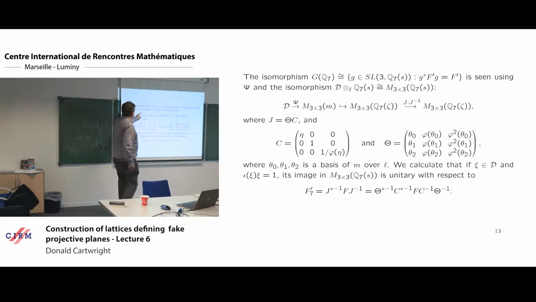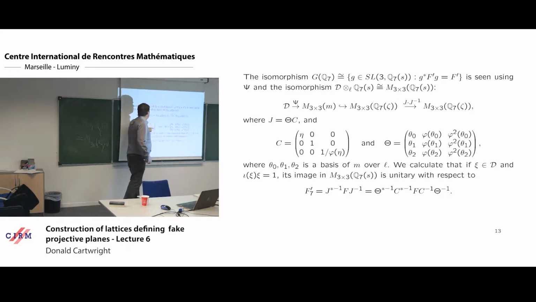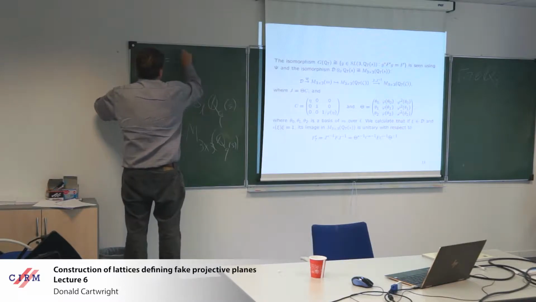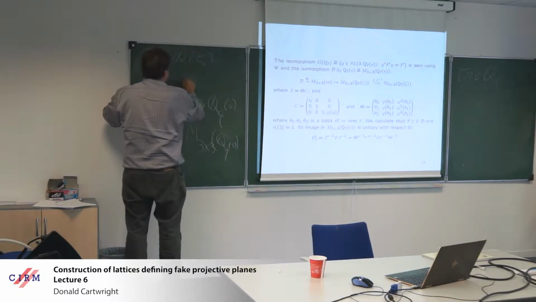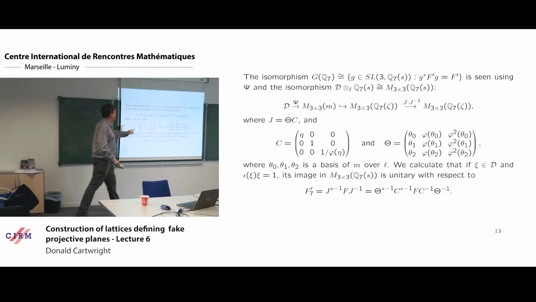And then the isomorphism you get is seen using this isomorphism which I mentioned, which is obtained by taking your D, embedding it in the 3 by 3 matrices over M. M is Q with zeta adjoined, so it sits inside Q7 with zeta adjoined. You see, so you get an embedding there.